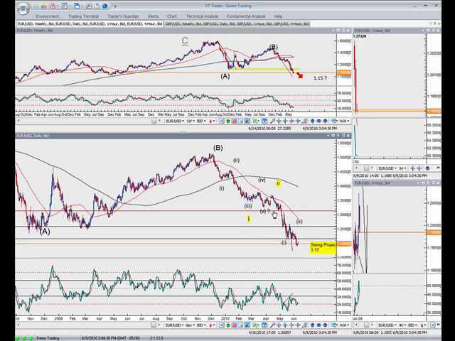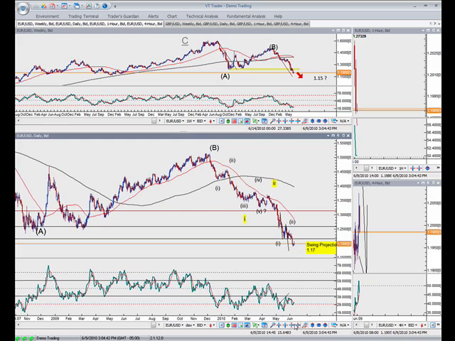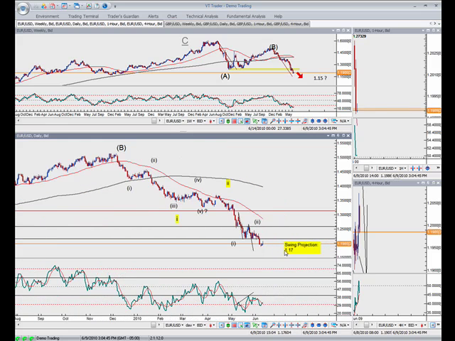So within this, there could be a couple of counts, 1, 2, and then a third wave. Within this third wave, that means there should be a very sharp decline following, and right now we have a little pause. So if this is the third wave of the third wave, there should be a very, very strong decline.